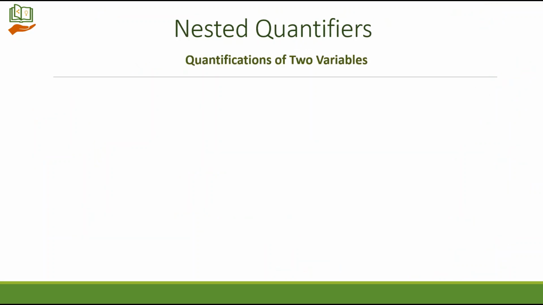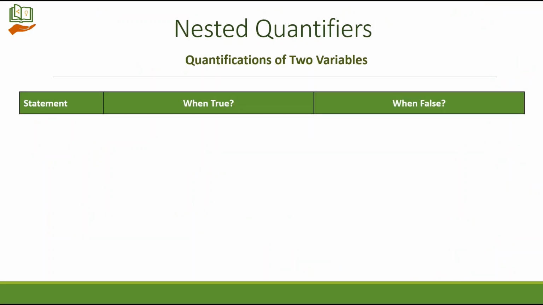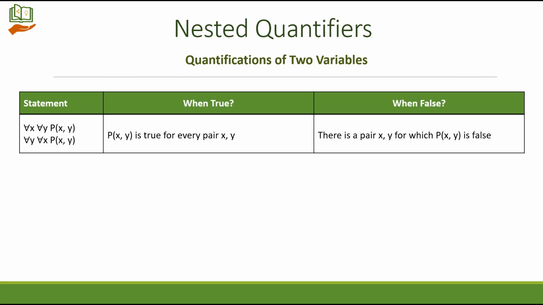Quantifications of two variables. We will look at the statement. We will learn when it is true and then when it is false, as we saw in single quantifiers. First, let's take for all x, for all y, otherwise for all y, for all x. What did we see in the previous segment?